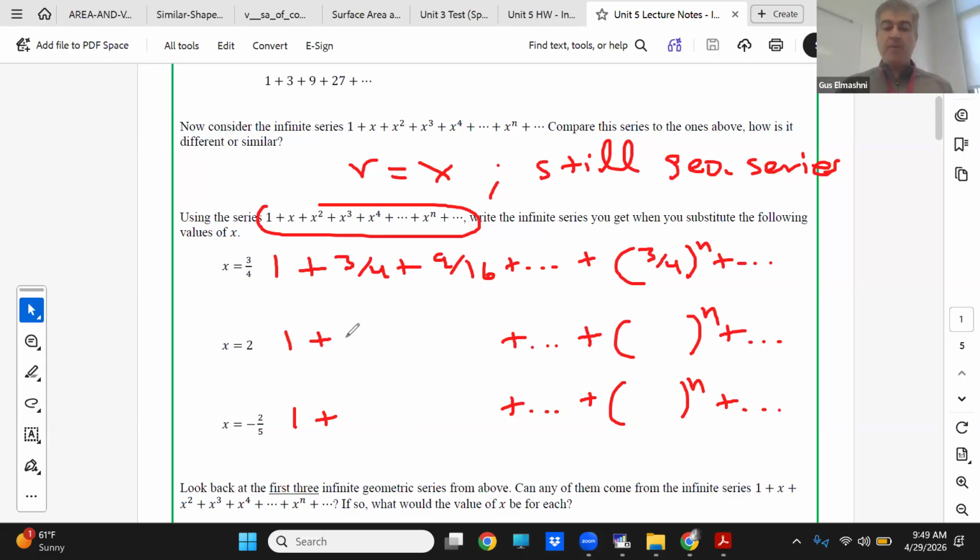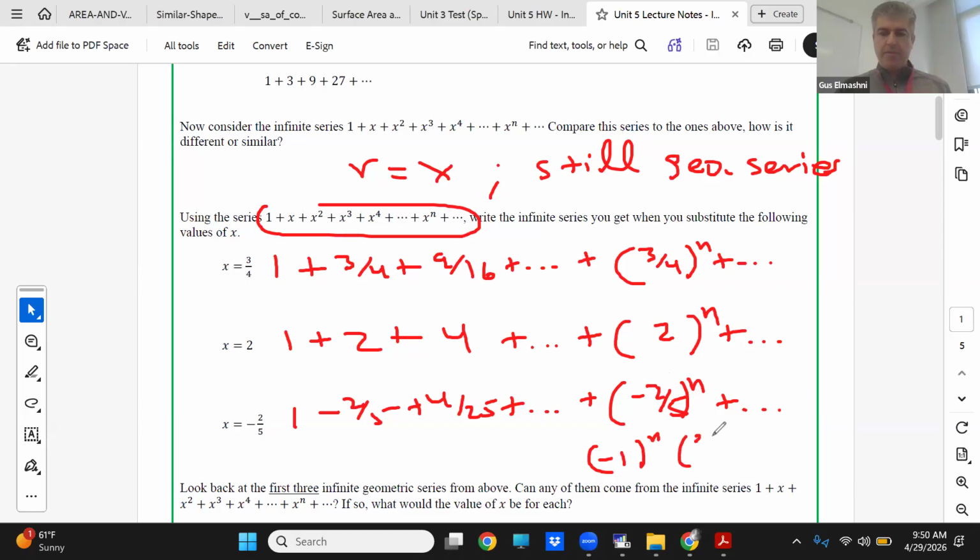So you should get 2 plus 4 plus 2 to the n power. And you should get -2/5 plus 4/25, and that's -2/5 raised to the n power. Which really can be thought of like this. If you so desire to pull out the -1 to the n, you can do that.